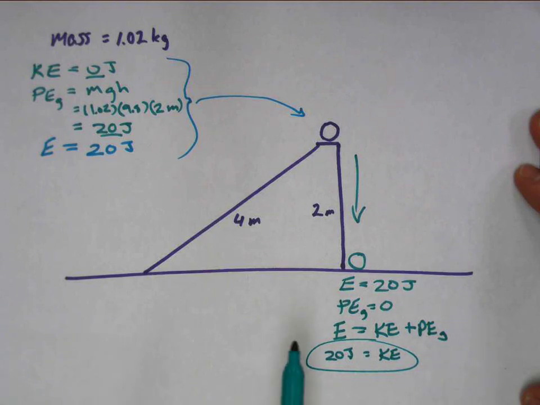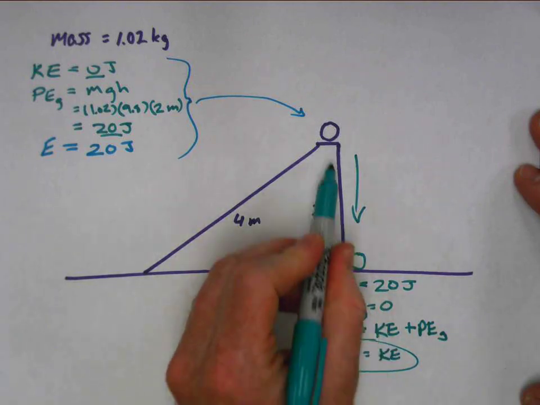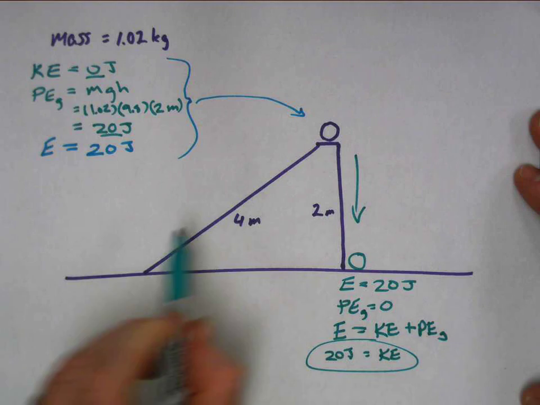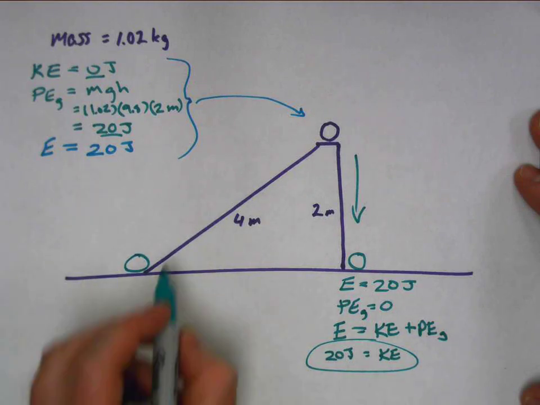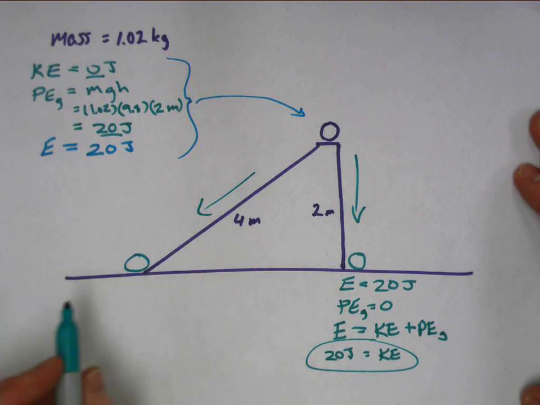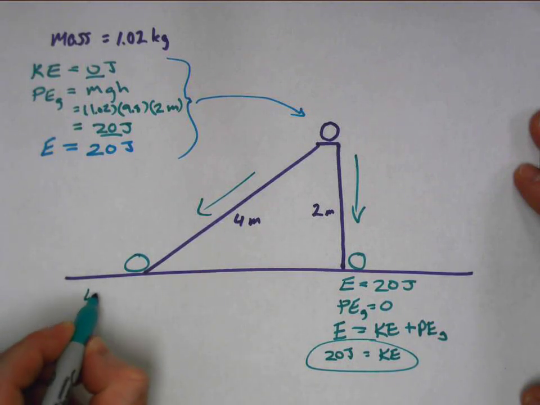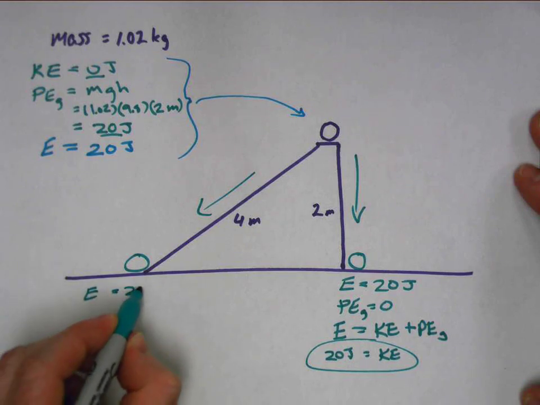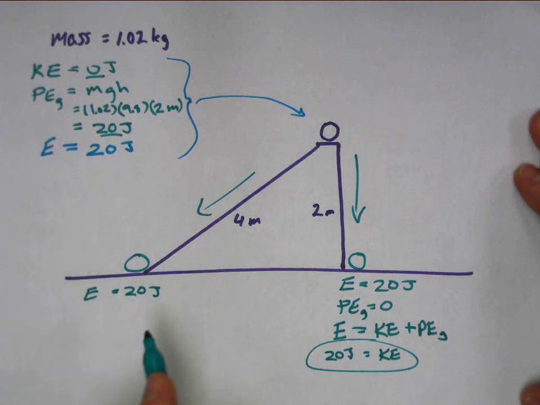So how much kinetic energy will it have if, instead of falling this way, it rolls down to the left and ends up down here? All right, what's going to happen? Well, down here at the bottom, since energy is conserved, the energy is going to be 20 joules because it can't change. It's the same amount.